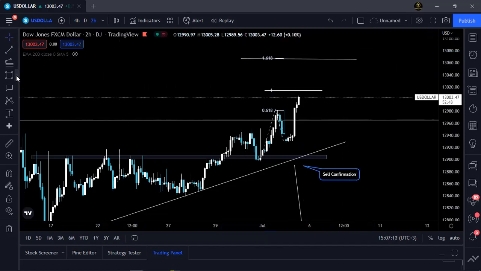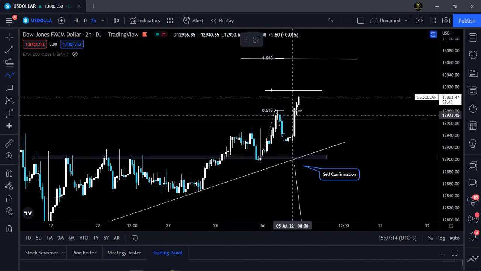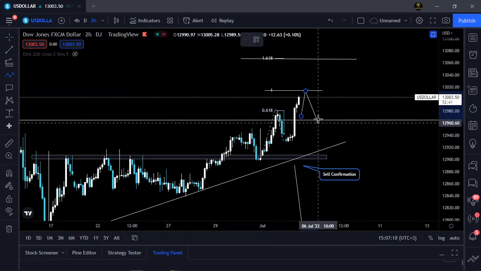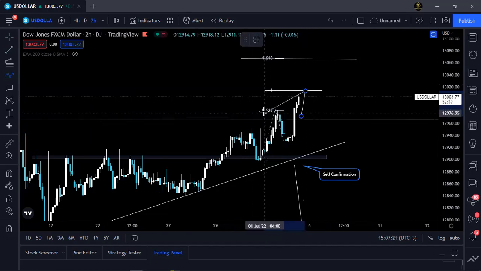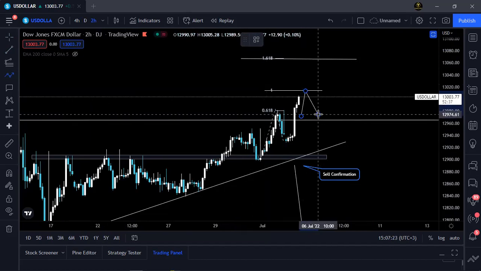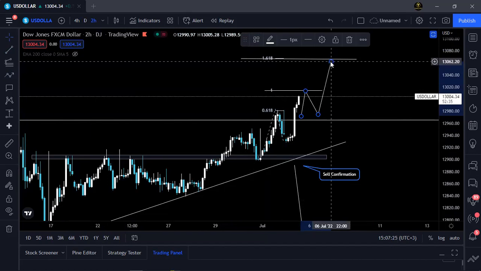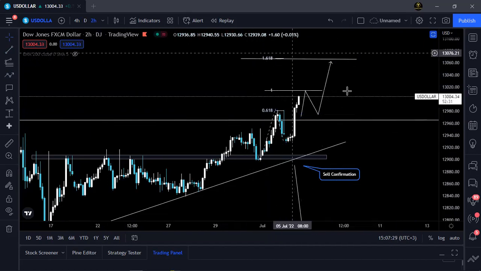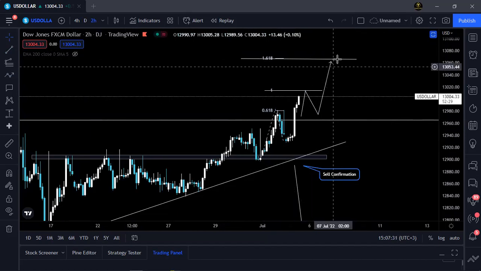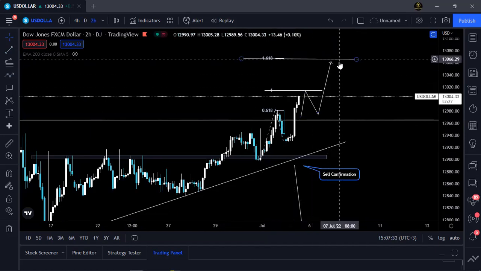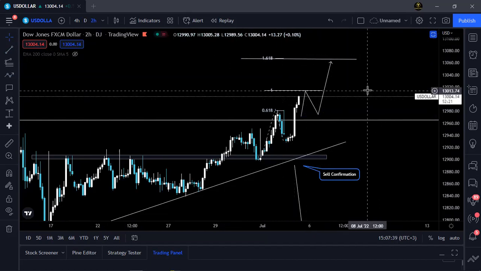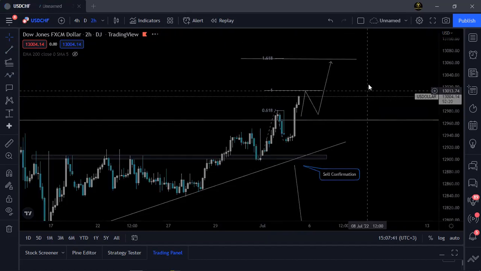The way I'm anticipating to see prices play out is a continuation here, and then a retest to around 0.618 around here, and then final targets at around 1 right there. Due to the momentum, we'll be studying the charts and seeing how we'll anticipate prices to play out from here, if it will be bearish or continuation in the bullish side. But as of now, this is what I'm anticipating in the US dollar index.